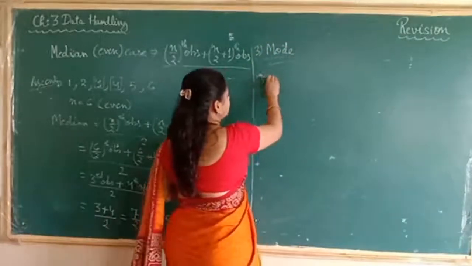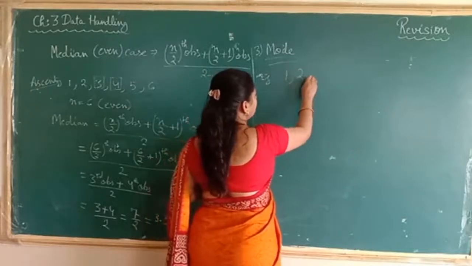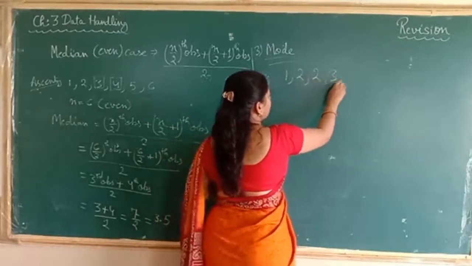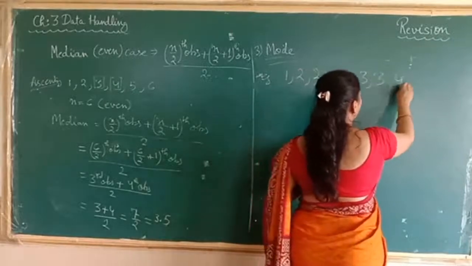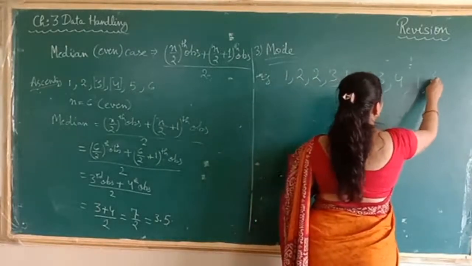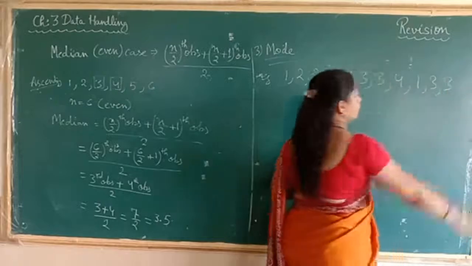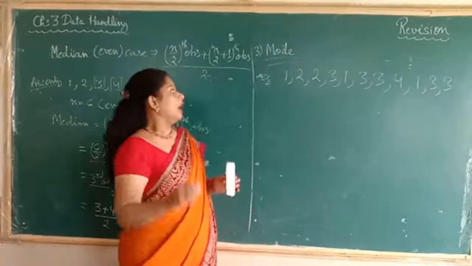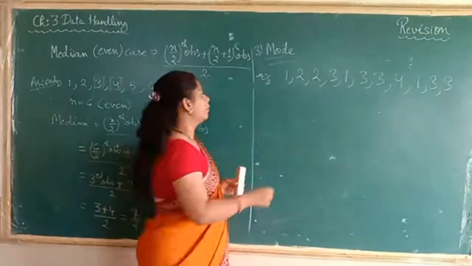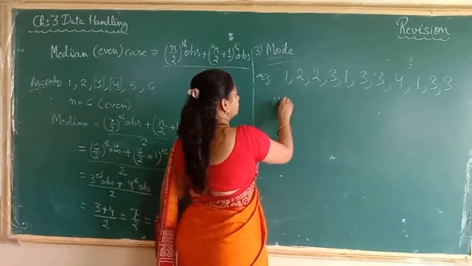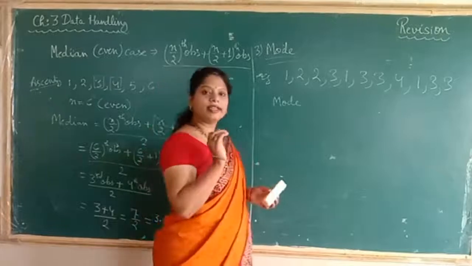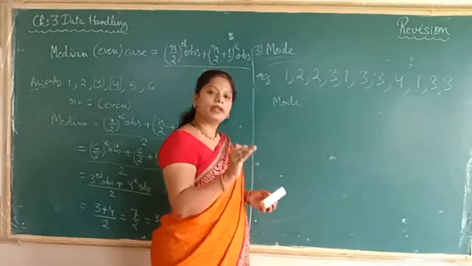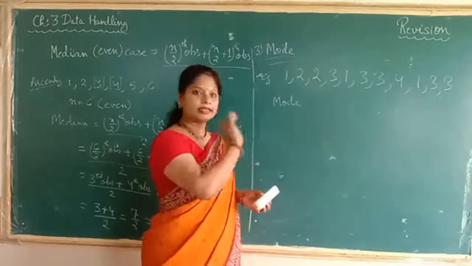Mode. Suppose I have been given a series 1, 2, 2, 3, 1, 3, 3, 4, 1, 3, 3. Okay, dear students, and I have to find the mode here. So I have to check which number comes most often in the series.